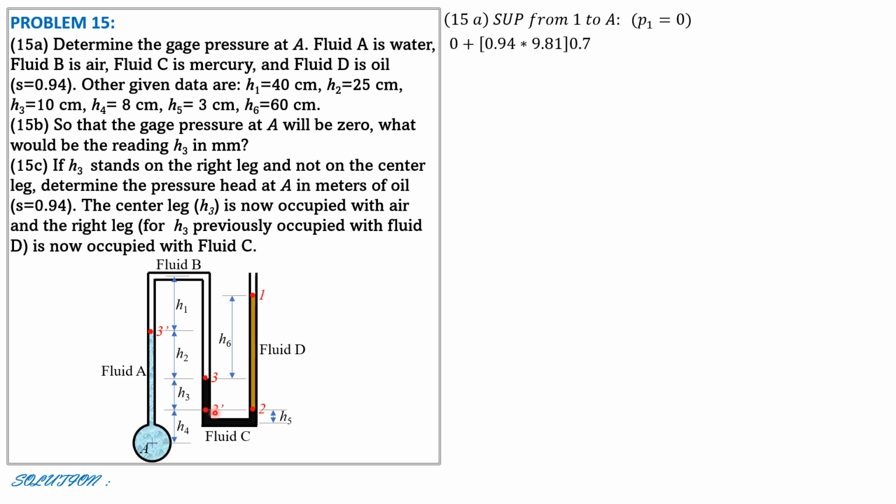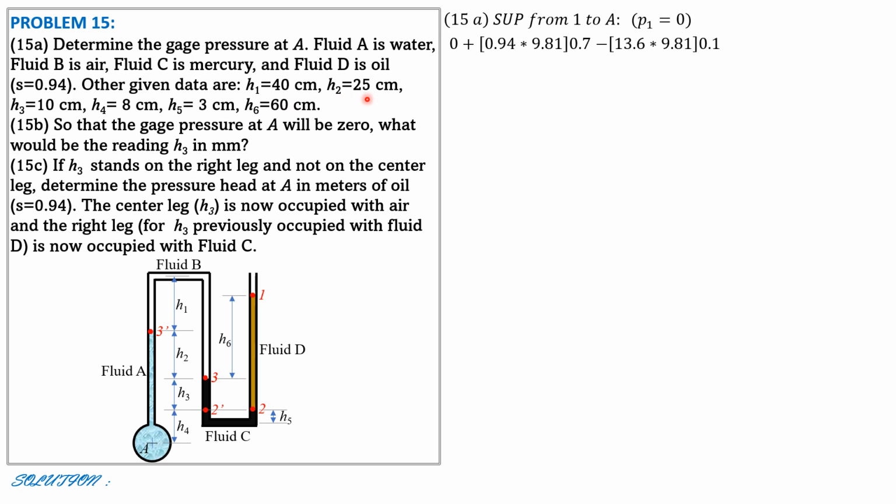From 2 prime to 3, that is going up, so minus the specific weight of fluid C, which is mercury, 13.6 times 9.81 times H3, which is 10 cm or 0.1 meter. So minus 13.6 times 9.81 times 0.1. Then 3 to 3 prime, the equation is unchanged again. Pressure is the same by principle because this is filled with gas or air. Then from 3 prime down to A, so that's plus, this is water, 9.81 times the quantity H2 plus H3 plus H4.